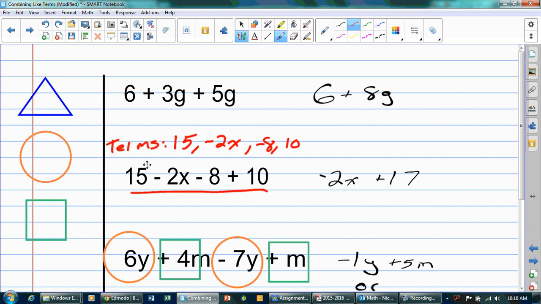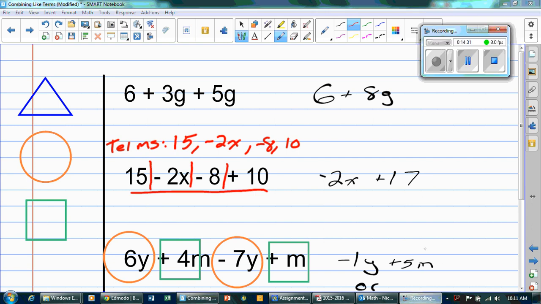Where we separate it after the term and before the addition subtraction sign. And so those are the individual terms. That's why if we look at this alone, it's a negative 8. If we look at it all together, it's a minus 8. Like I said, that's something you have to get used to.